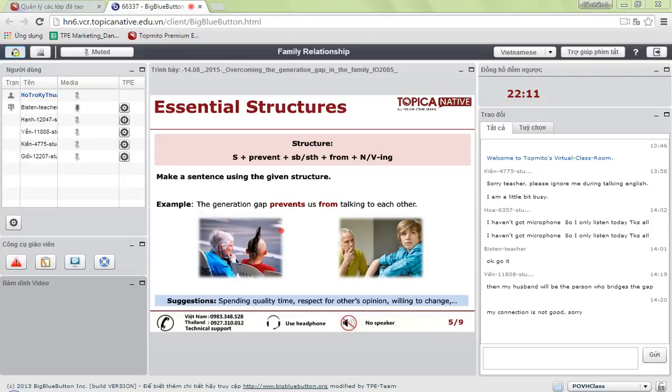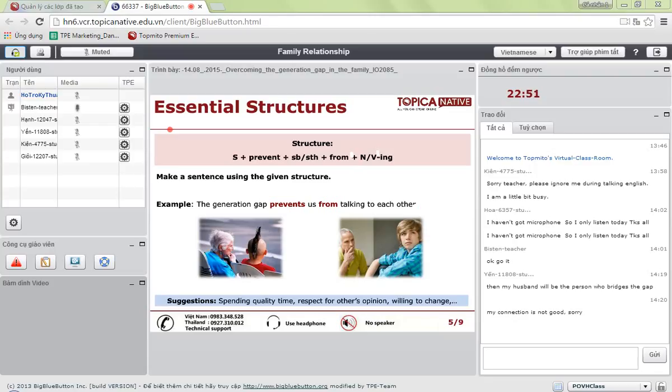Then prevents, and then somebody, us. Then the word from, and then the verbing, talking to each other. You can use the suggestions down here: spending quality time, respect for others' opinion, and willing to change.